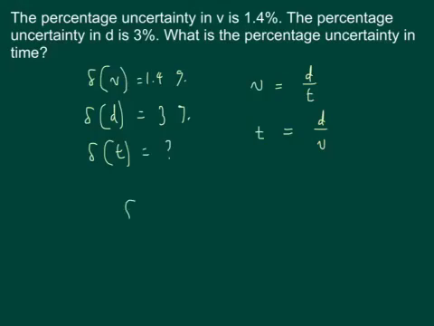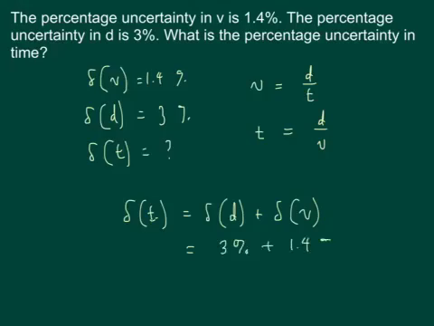So the percentage uncertainty in time, t, is equal to the percentage uncertainty in distance plus the percentage uncertainty in speed. We know what those values are. They're 3% and 1.4%. Adding together, we get 4.4%, which is about equal to 4%. Since it's bigger than 2%, we round to the nearest whole number.